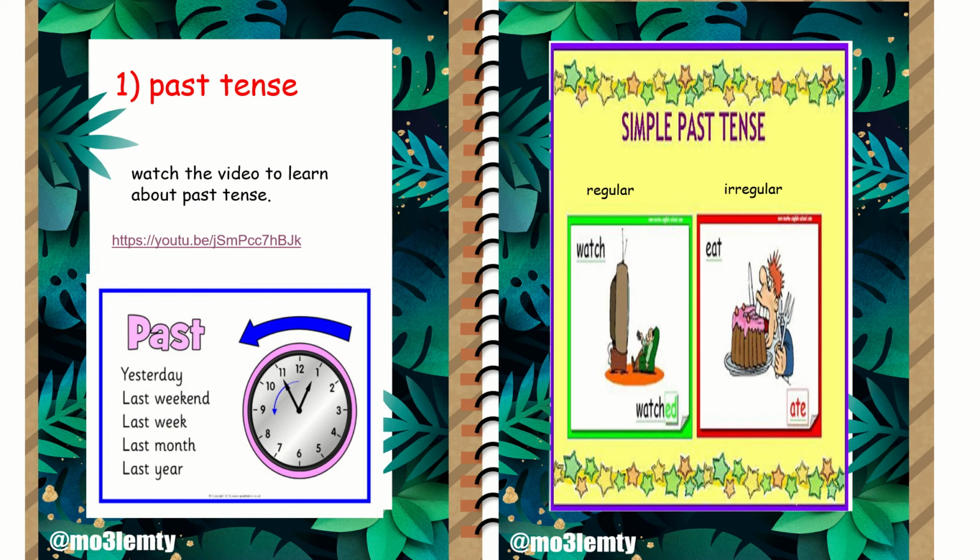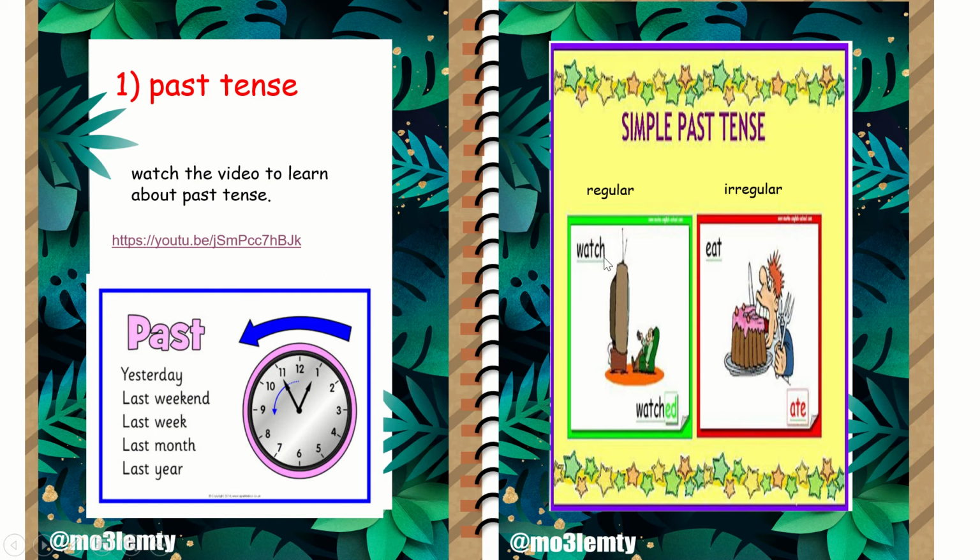But remember, my students, that with the past tense, some verbs will be regular and some verbs will be irregular. Okay, so regular verbs, we have, for example, the verb watch.